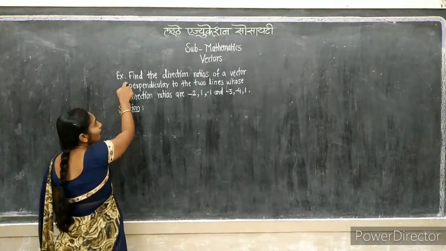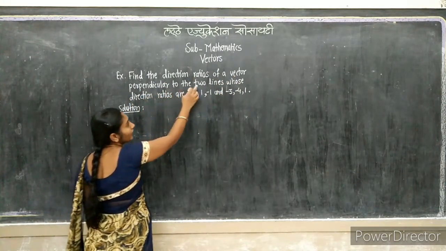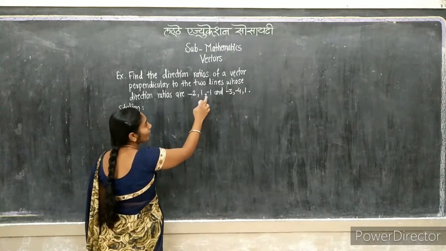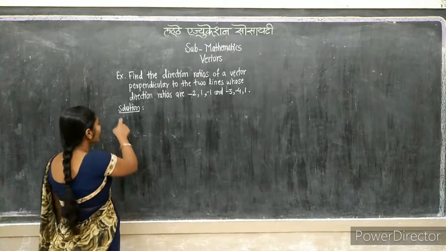See the example. Find the direction ratios of a vector perpendicular to the two lines whose direction ratios are minus 2, 1, minus 1 and minus 3, minus 4, 1. See the solution.